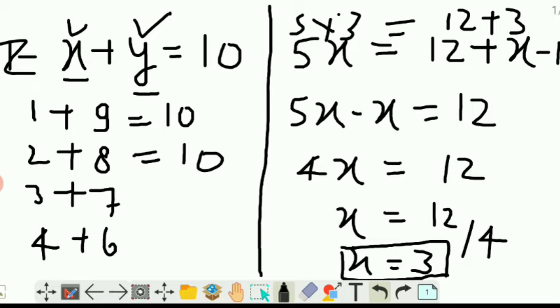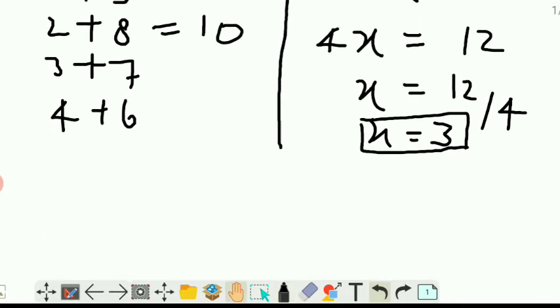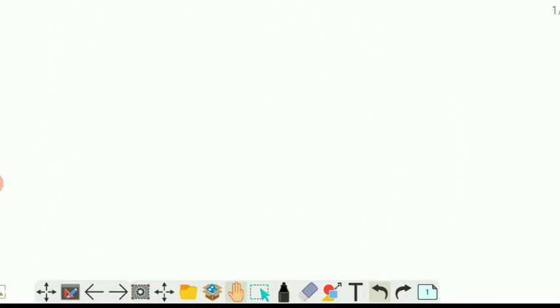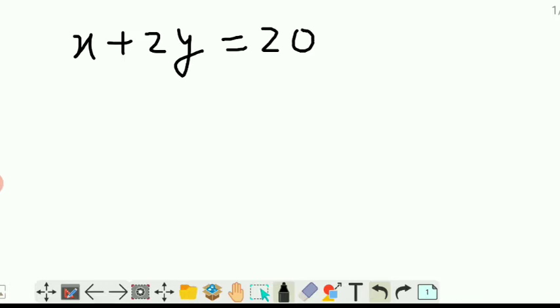Take one more example: x + 2y = 20. What values can be taken?